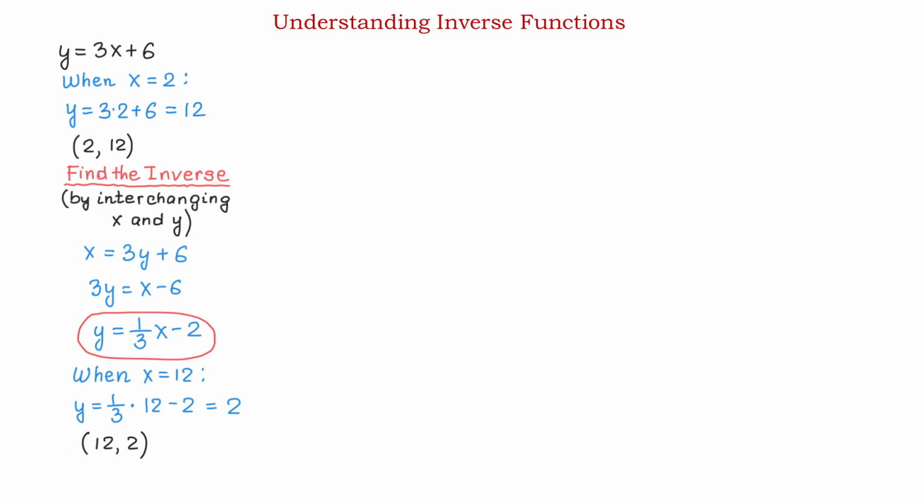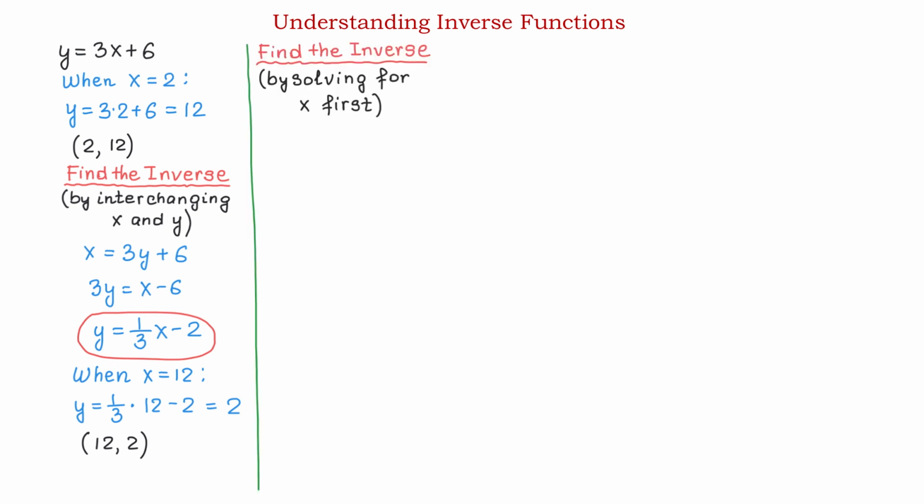Now we can also find the inverse of this function by solving it for x first, then interchanging x and y later. So if we solve for x first, we will have 3x equals y minus 6. Then if we divide both sides by 3, we will have x equals 1/3 y minus 6 divided by 3 is 2.